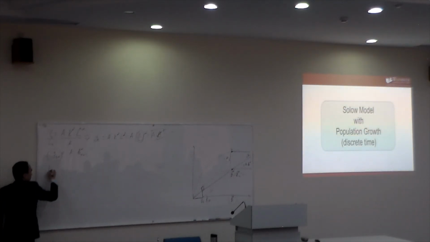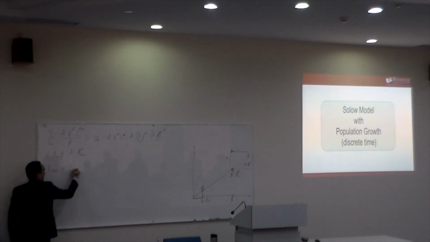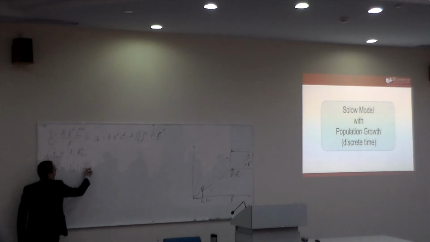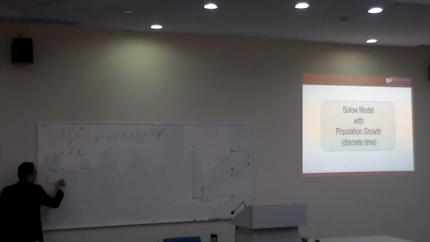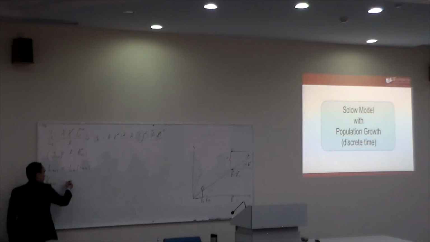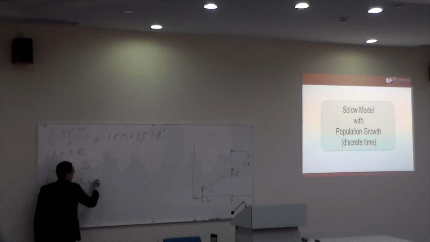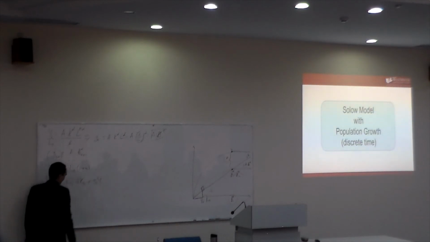So now our labor L t plus 1 is equal to labor L t, and it's growing by n, right? Can I write it like this? Yes? Okay. And our capital stock of t plus 1 is equal, as we already know, to the capital stock itself minus depreciation plus investment.